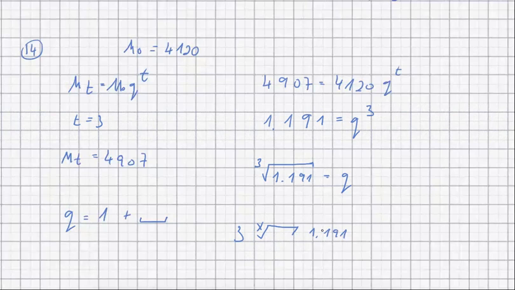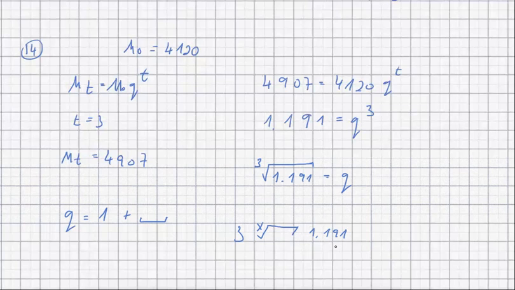I got to a 3-point number. 3.273 equals Q. No. Oh, no. Just a second. Do that in the calculator. Do 3, then this sign, which is shift something, and then this number.